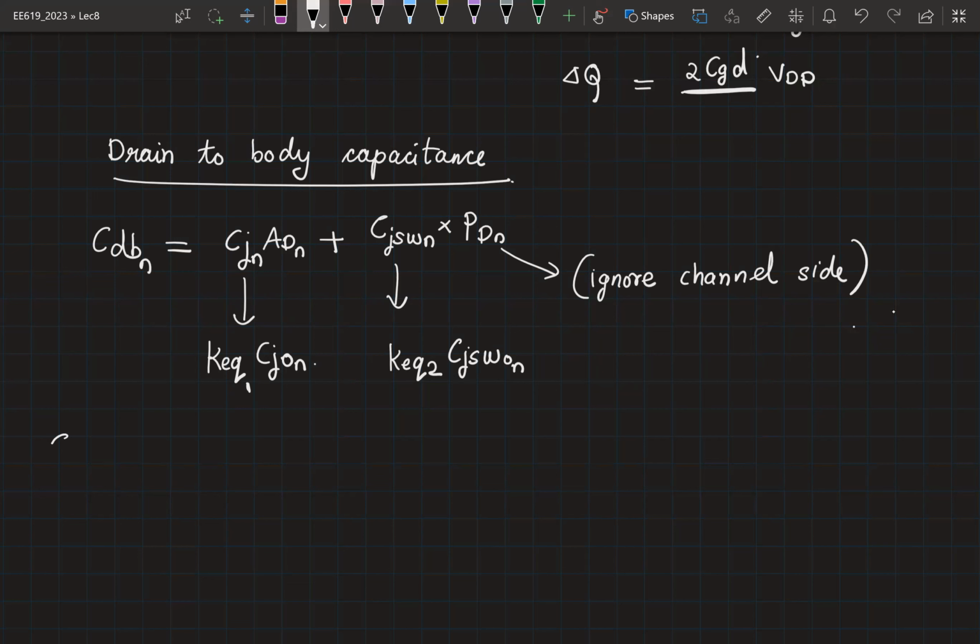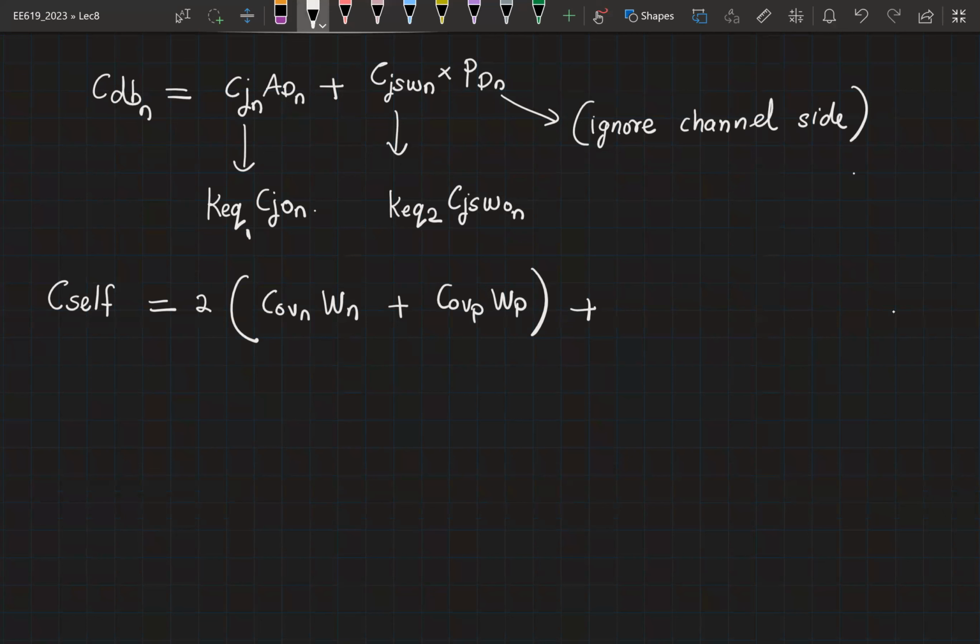Okay. So now can you tell me the expression for the full self capacitance? So it is twice of, we have to multiply the CGD with twice, COVN times WN plus COVP into WP, plus CJN ADN plus CJSWN PDN plus CJP ADP plus CJSWP into the perimeter.